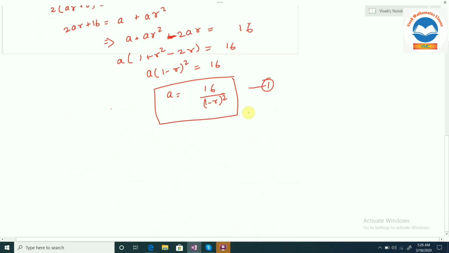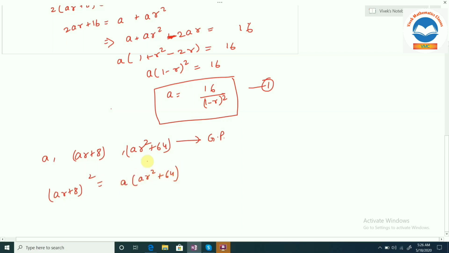If you increase this last term by 64, this will become a GP. So we can apply the GP rule: square of the middle term, (AR plus 8) square, will be equal to the product of the terms, A into (AR square plus 64). We will solve this.